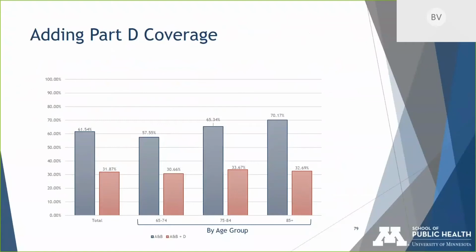The percent of the total cohort we'll end up with if we restrict to A and B with no managed care. And then the red bar is the percent, again, of the total cohort if we also require those individuals to have Part D coverage, and that's for the year following their diagnosis or until the time of death.